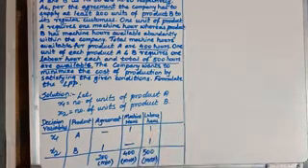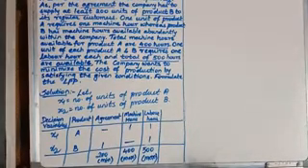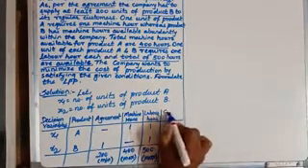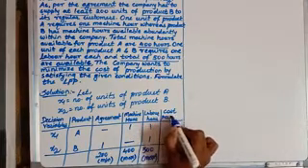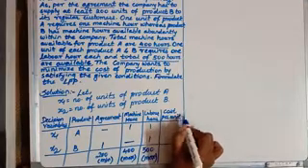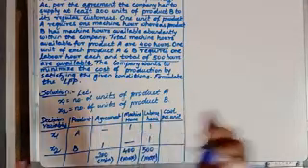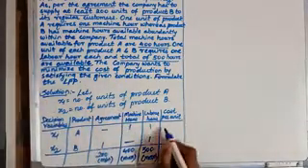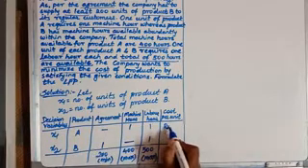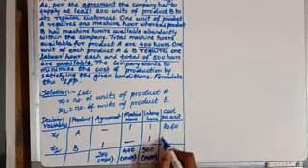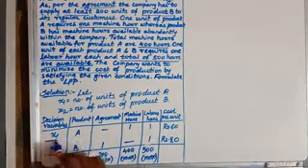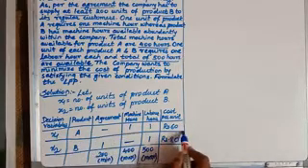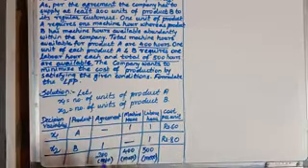So the last column is cost per unit of product A as well as of product B. We have to minimize that cost. Here it is rupees 60 and here it is rupees 80, as given in the problem. This is our table now.